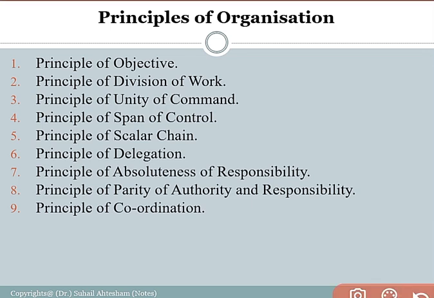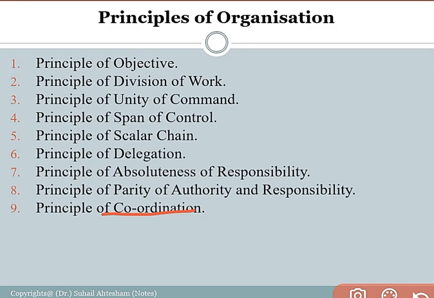Next principle is principle of coordination. Coordination is related to proper arrangement of all the factors of production. The factors of production are 5M: manpower, material, method, money, and machinery. The human and non-human factors.